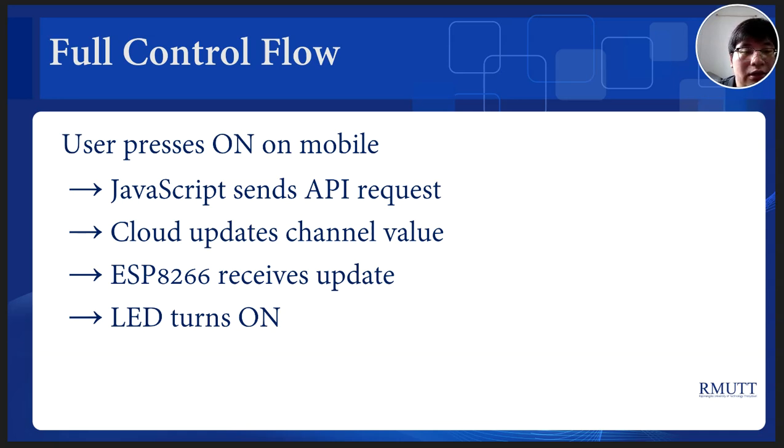The cloud platform updates the channel value. The ESP8266 continuously listens to the channel and detects the updated value. Then it changes the GPIO output state and turns the LED on. This completes one full IoT communication cycle.